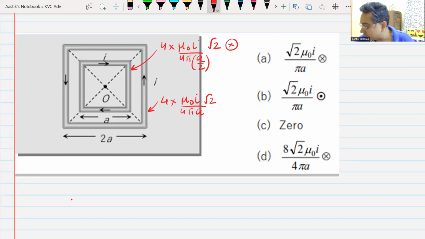And the direction? Outside. What is the answer? Answer is option A.